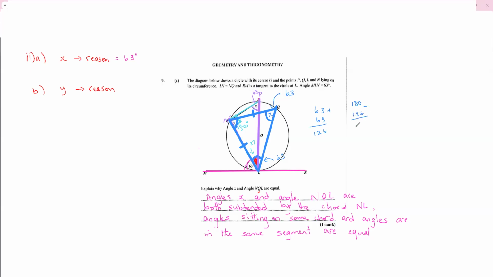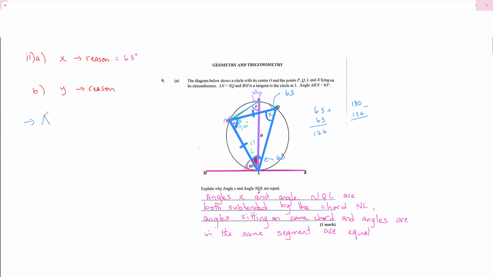So once you're comfortable with your reasoning, you go through it, you make sure you're comfortable, and you go on and try to explain it. So I recognize that angle NLQ. Use the letters.